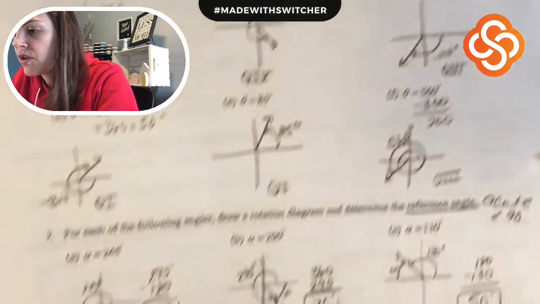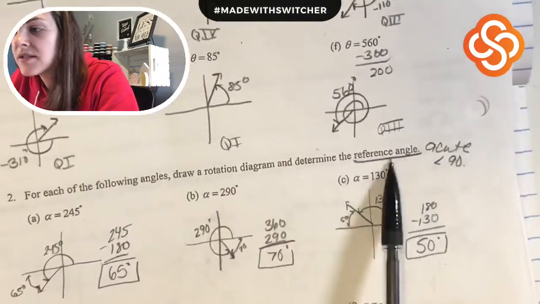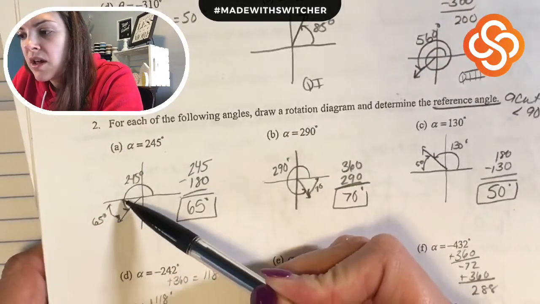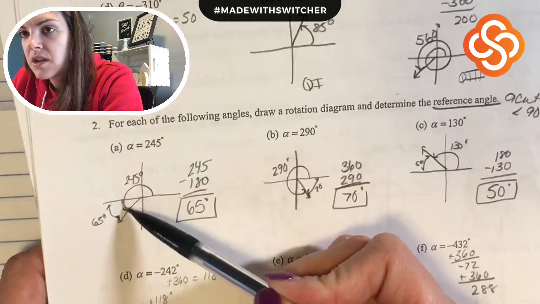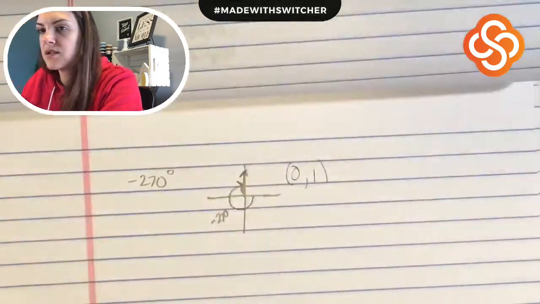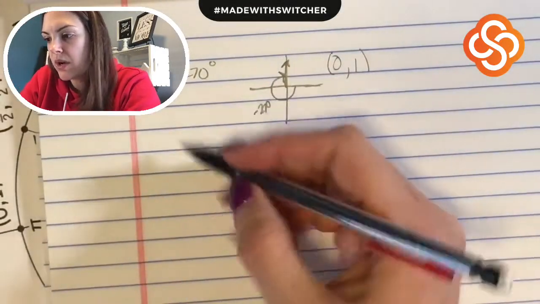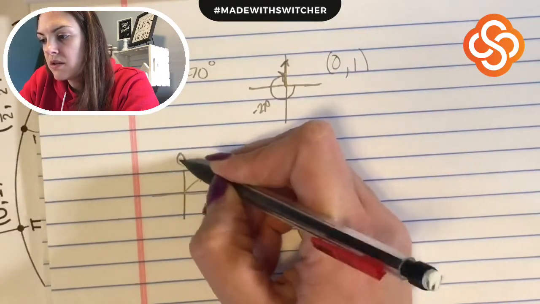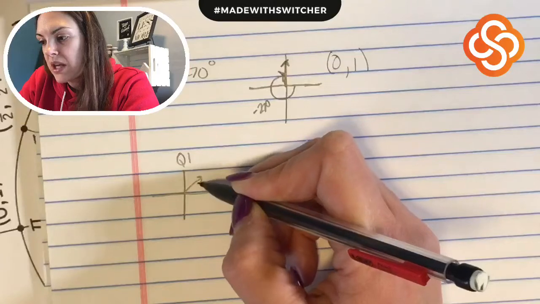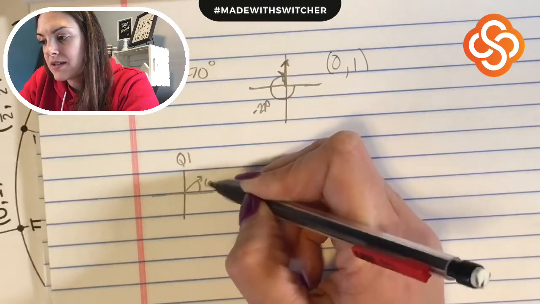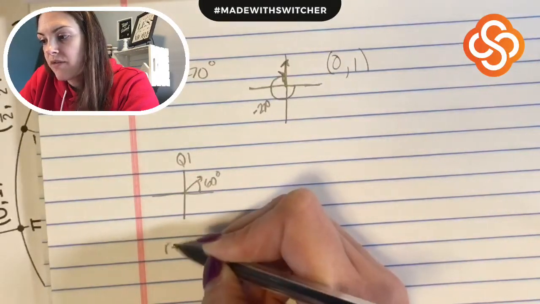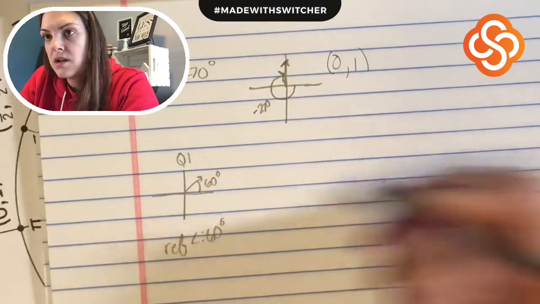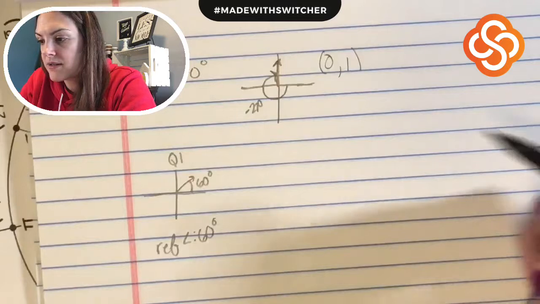So for the reference angle piece, that is going to be the acute angle that gets you back to your x-axis. So I'll just do a couple quick diagrams. If you have an angle in quadrant 1, it's going to be whatever that angle is, say it's 60 degrees, that's the reference angle. Okay, so whatever it is, that's what it is.